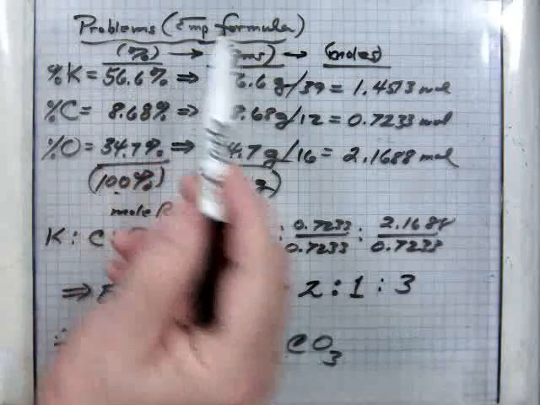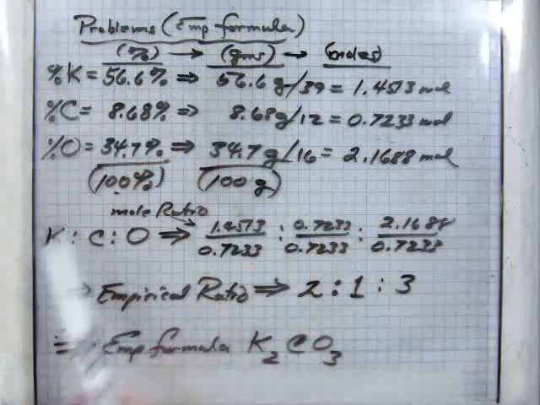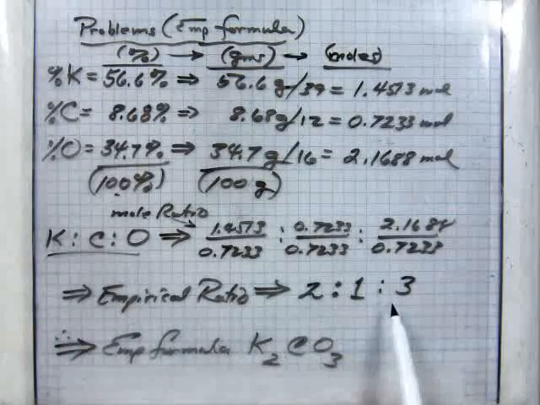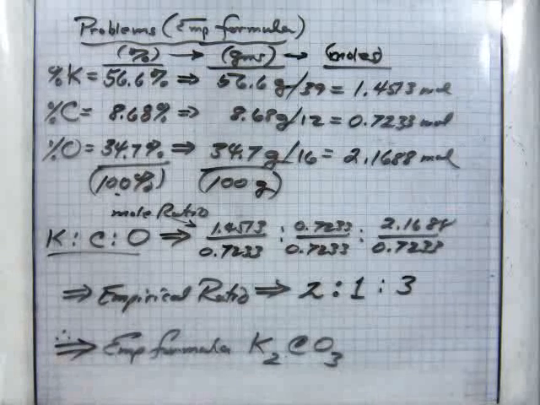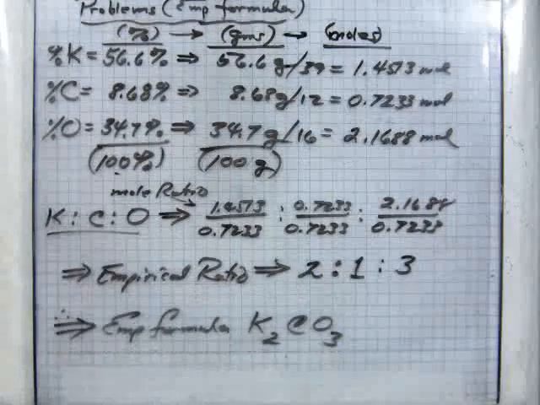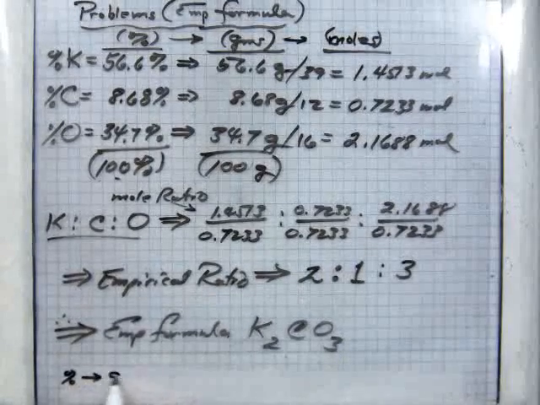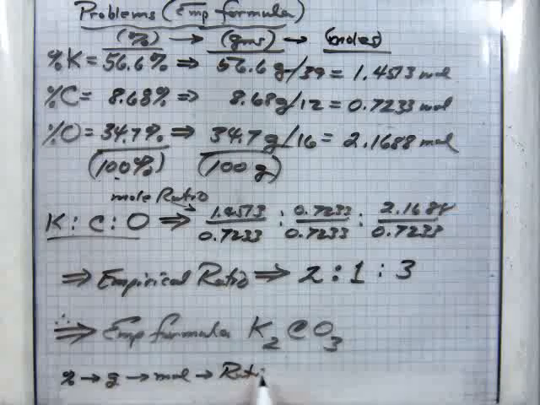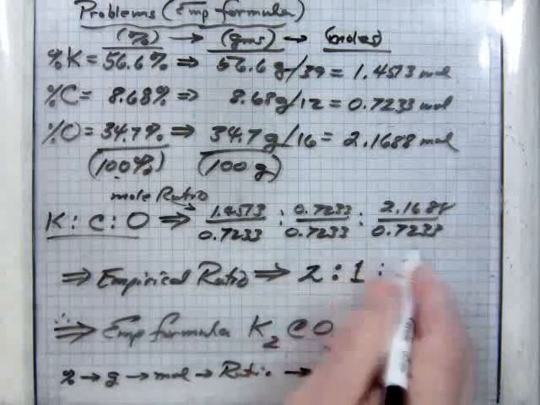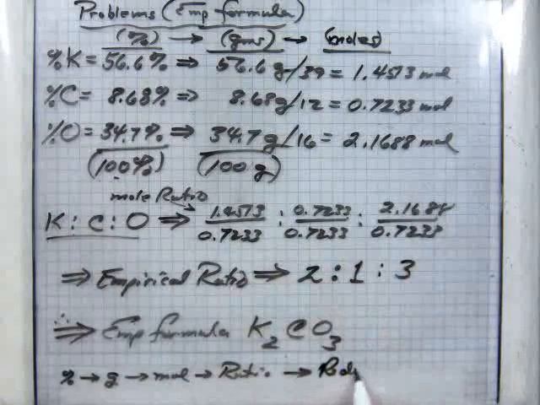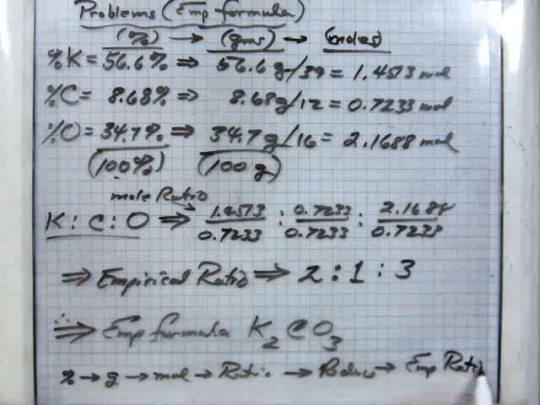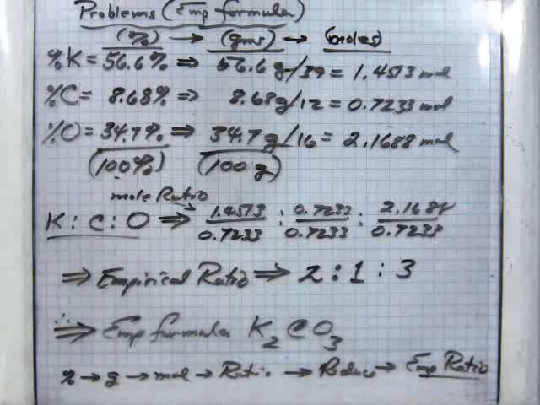We go percent to grams to moles, then we set up our ratio, and then we reduce the ratio to get the empirical formula. And that shows the way we do it. So what you need to be sure you understand is this: percent to grams to moles to a ratio, reduce, that's divided by the smaller number, and that gives you your empirical ratio, which leads you to the empirical formula.